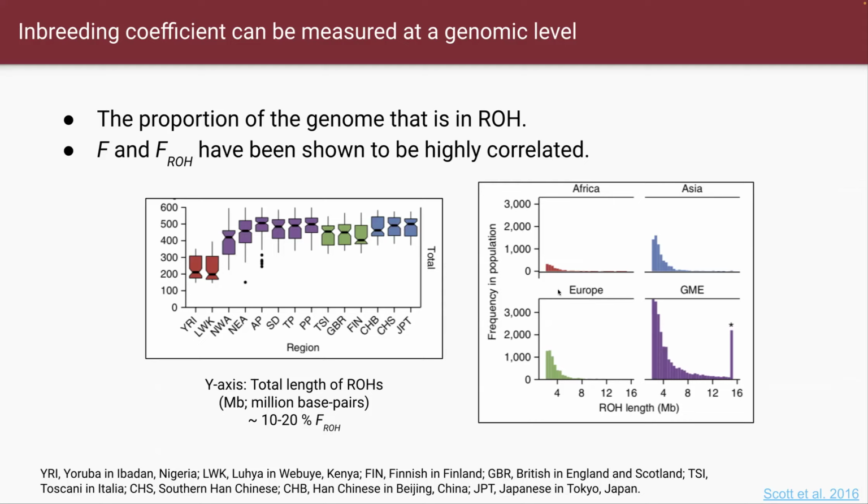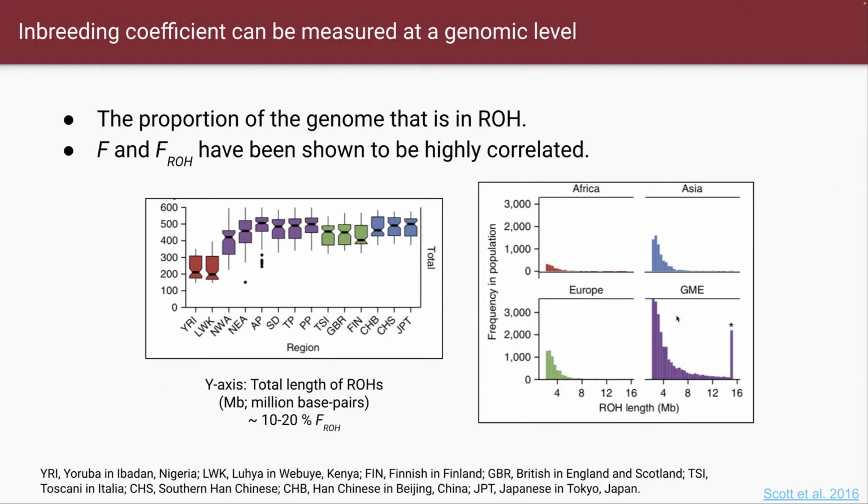And if you look at the length distribution, in each block, how many counts you can expect from each length interval? Africans have very short blocks and fewer of them. Asians have short blocks, and many of them. Europeans have short blocks, many ROH blocks.